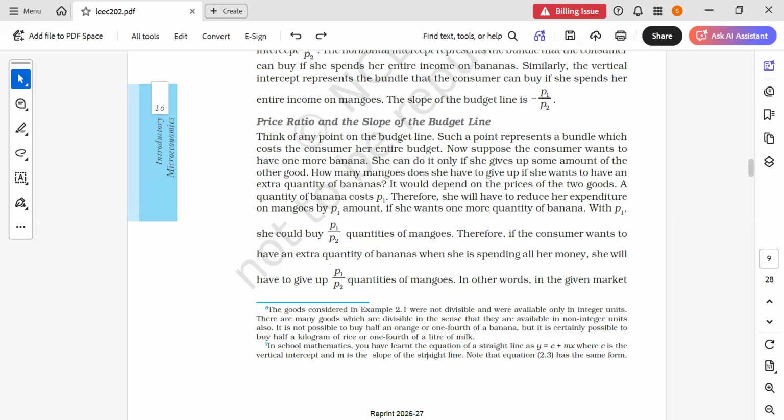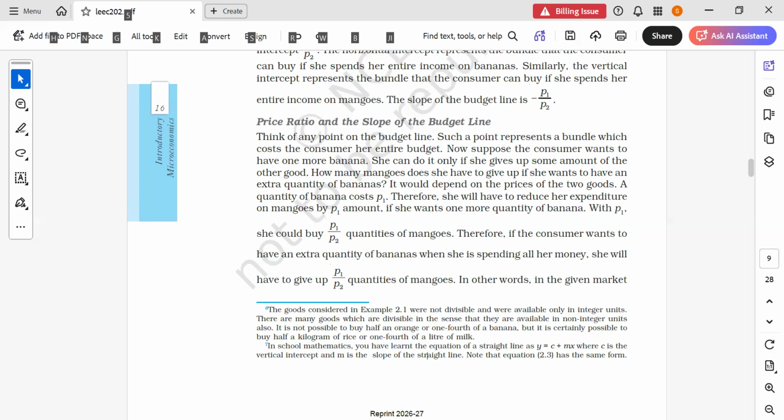And now we would see what happens if we change the prices.